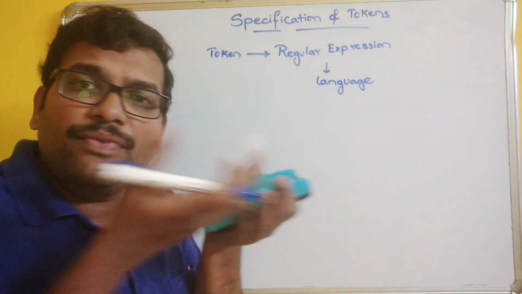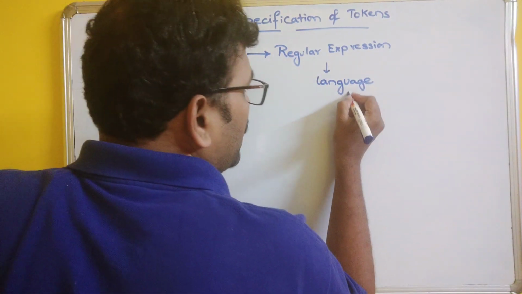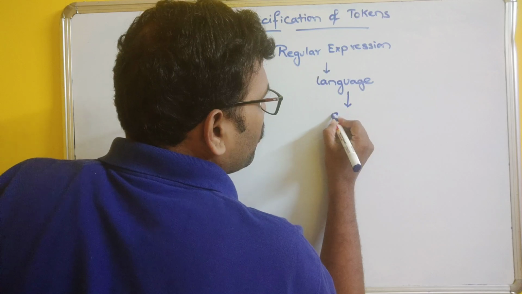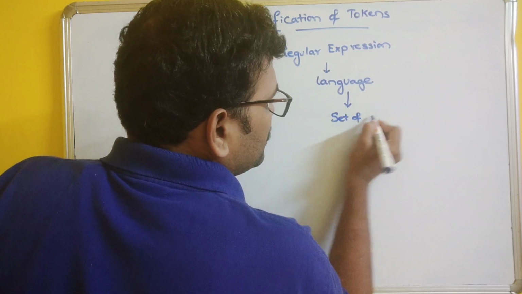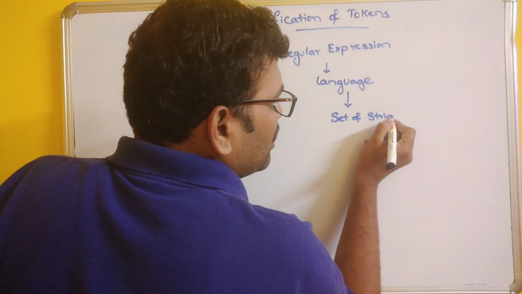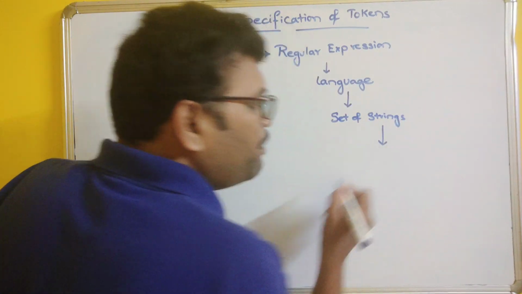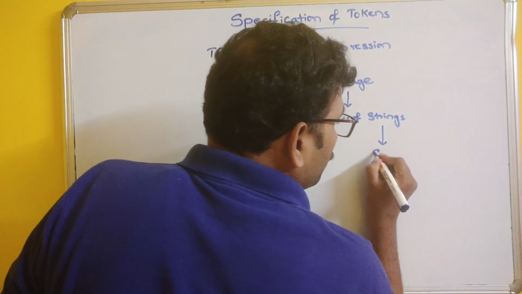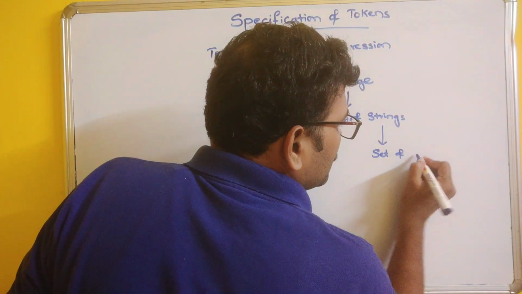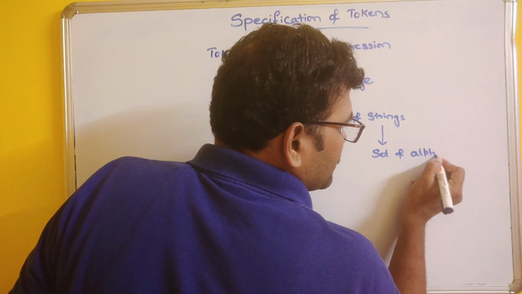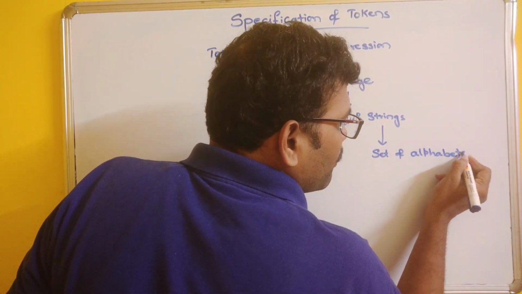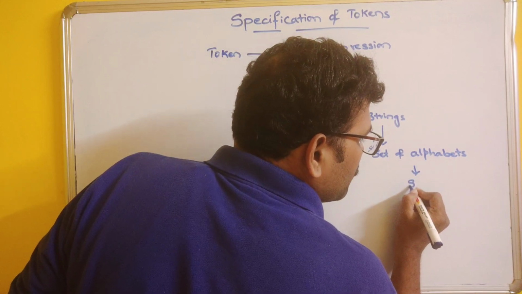How can the language be represented? With the help of a set of strings. And how will these strings be represented? As a set of alphabets. And how can these alphabets be represented? These are nothing but symbols.